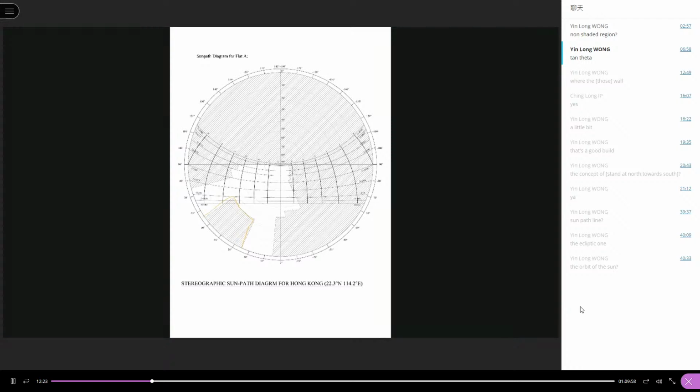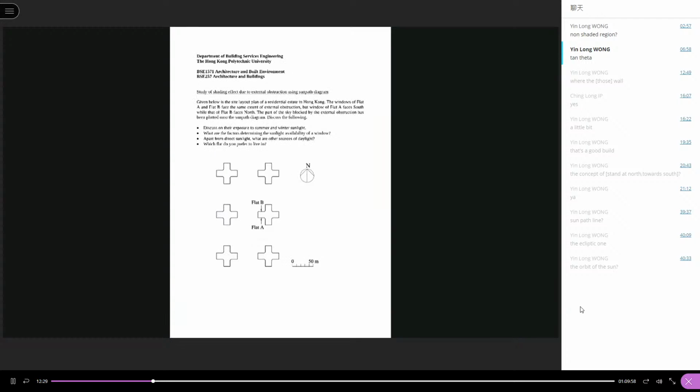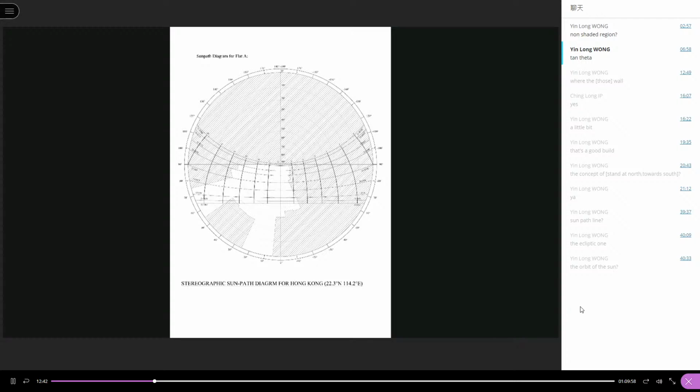And I also have this part and this part of the walls, and they will block this part of the sky. Where are those walls?